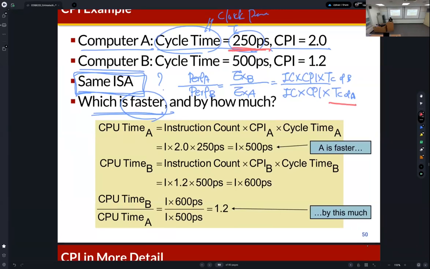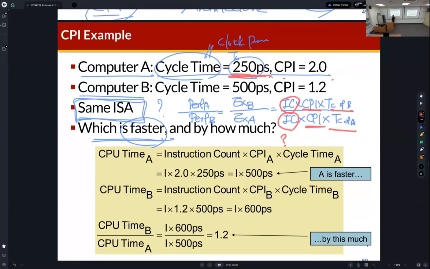How about IC, the instruction count? It is in the ISA.